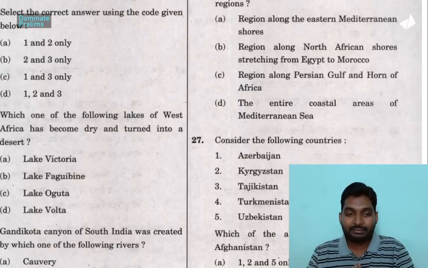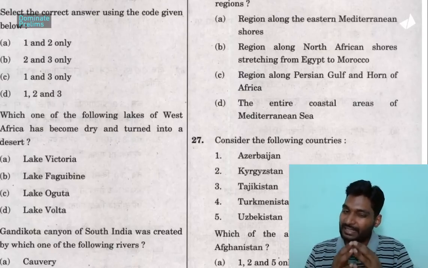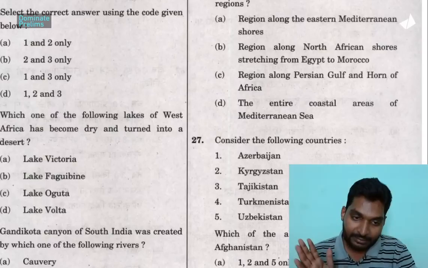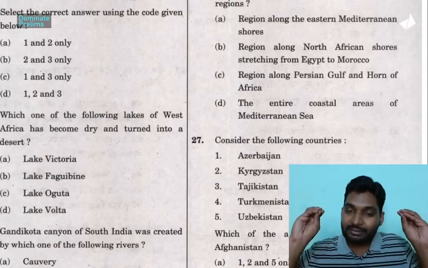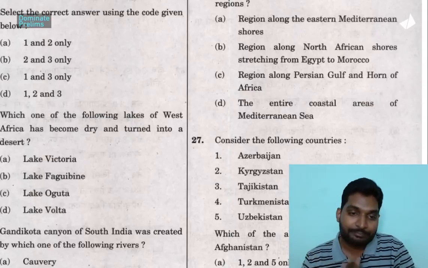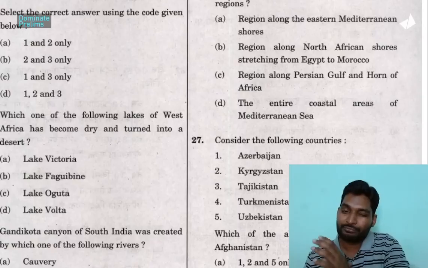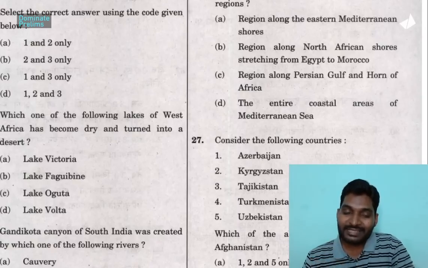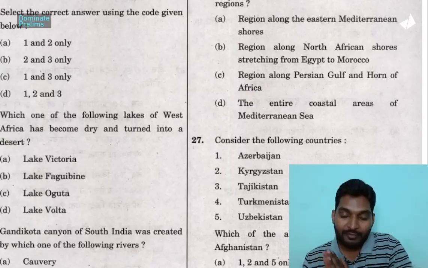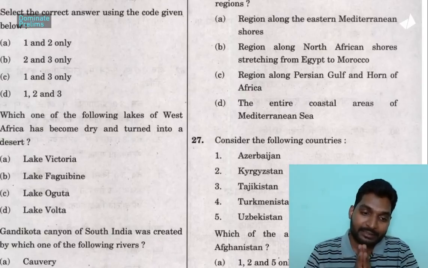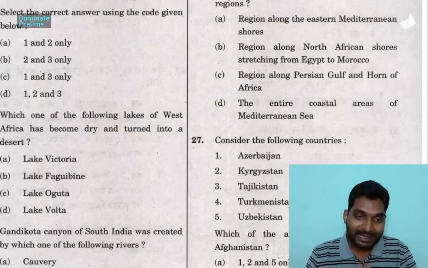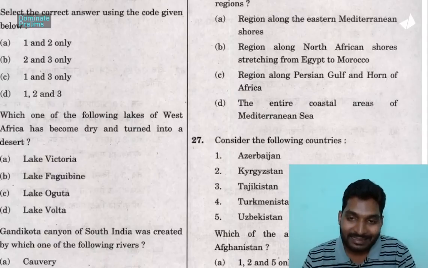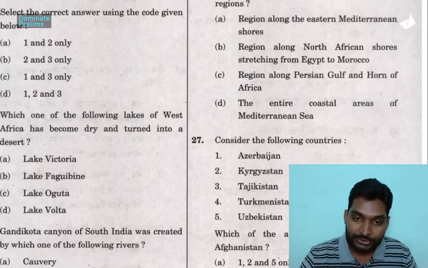West Africa, and there are names of lakes: Lake Victoria, Lake Fagivine, Lake Augusta, Lake Volta. Now assuming I have not even heard the names of these lakes, or I have not seen the map of West Africa, I would naturally skip this question. I would not waste time attempting it, and I would directly jump to the next question, and I'll leave this question for the second round because I'll have to think on this question.